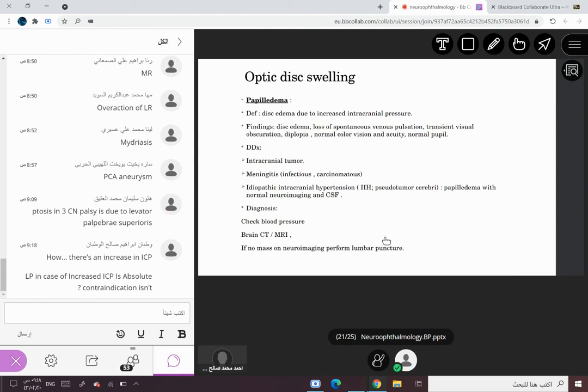This is correct, but it is not an absolute contraindication if there is no mass. If you don't do neuroimaging, it is an absolute contraindication. It is contraindicated to do it in the ER before doing neuroimaging. But if you do neuroimaging and there is no mass, you can perform lumbar puncture. Okay.